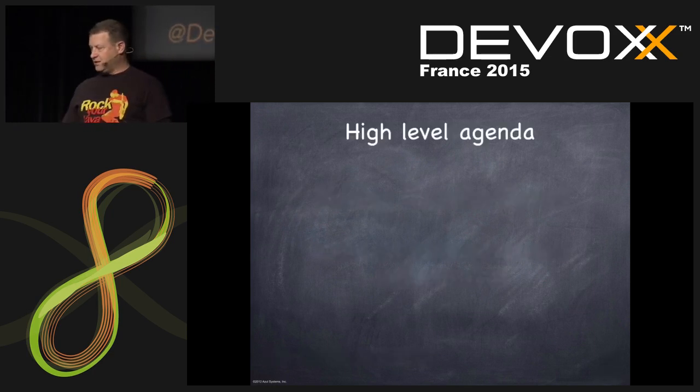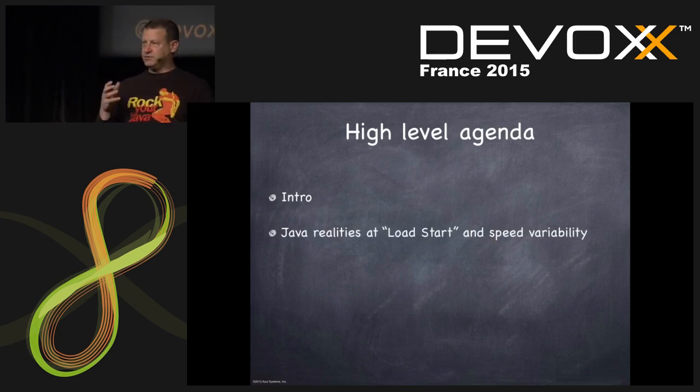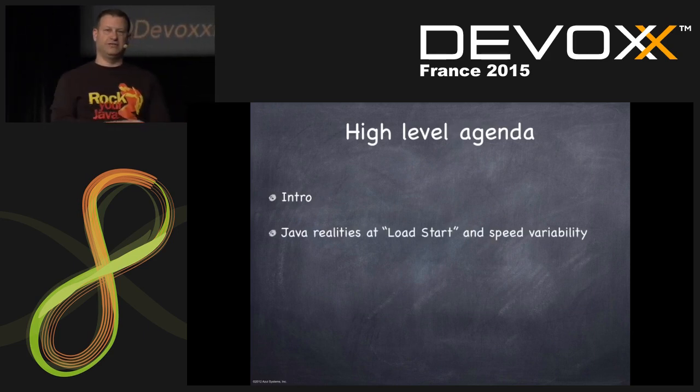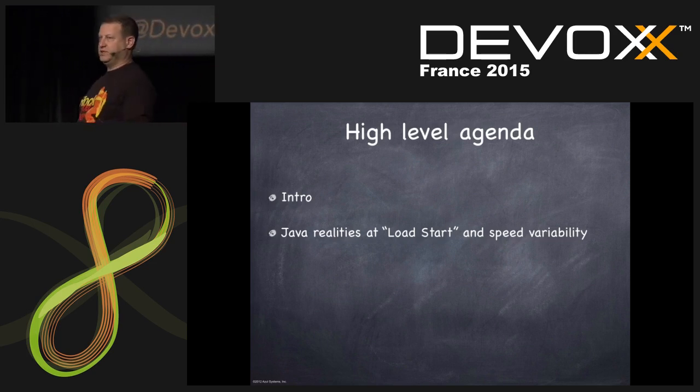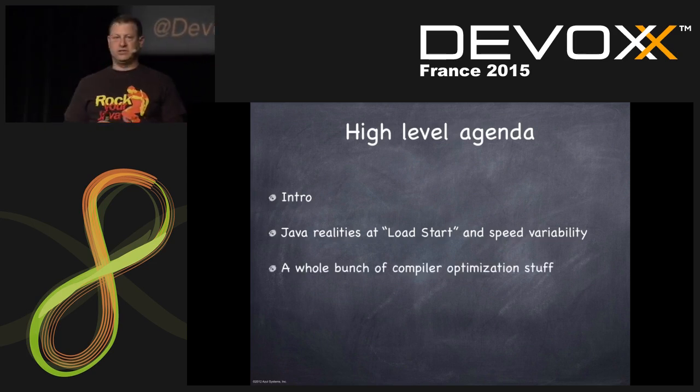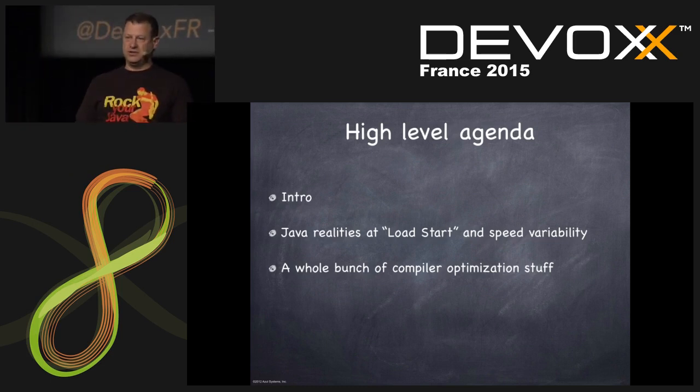As a high-level agenda, I'll start with an introduction, just some background on the subject. Look at the realities of how Java behaves in systems that are response-sensitive or speed-sensitive during periods of time, and what kind of problems we're facing there. And then we're going to spend a lot of time talking about compiler optimizations.